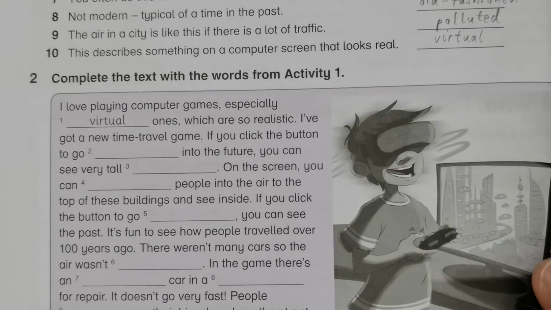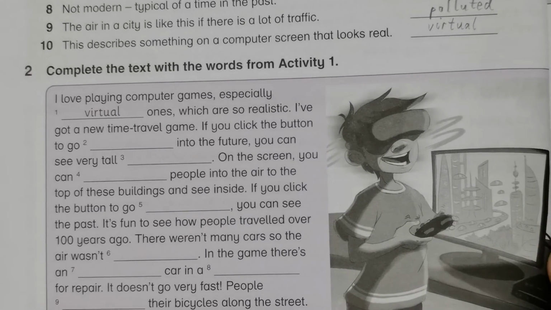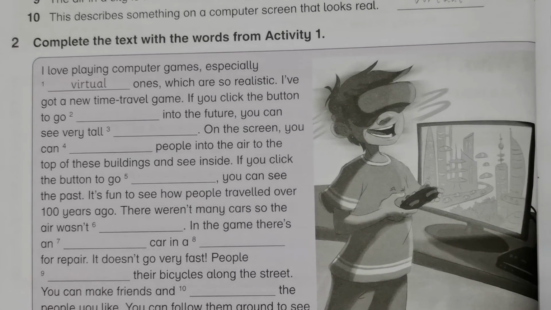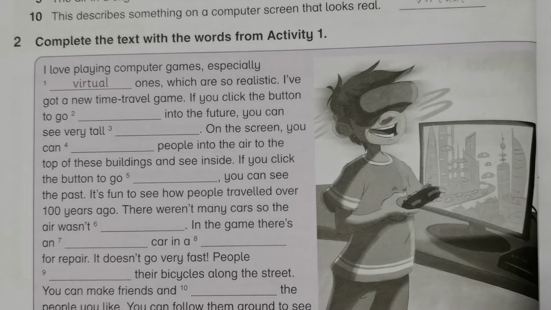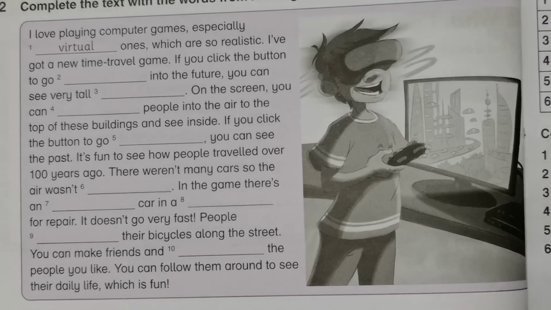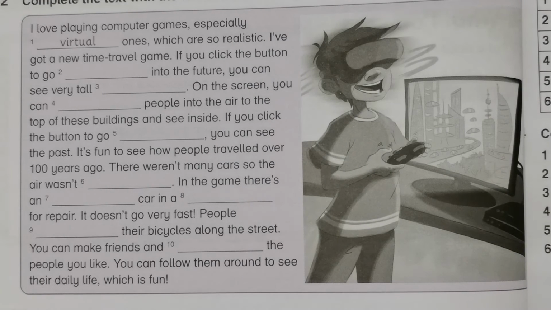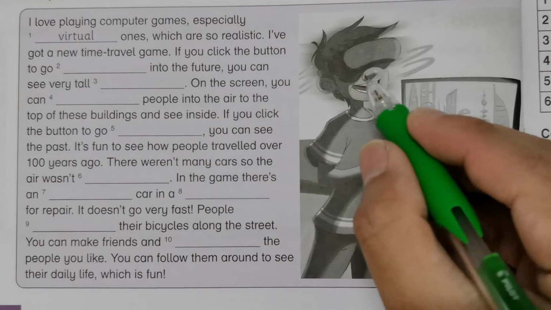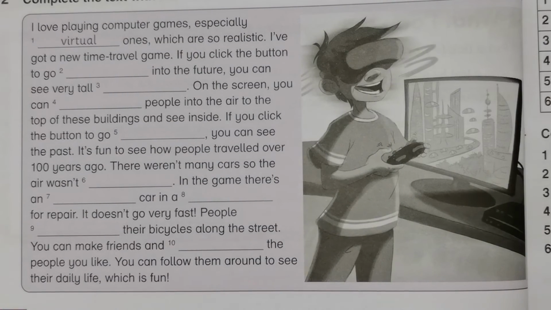So we go to activity 2. Complete the text with the words from activity 1. I love playing computer games, especially virtual ones, which are so realistic. As in this one, this is a VR device.